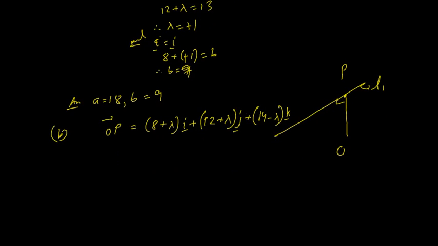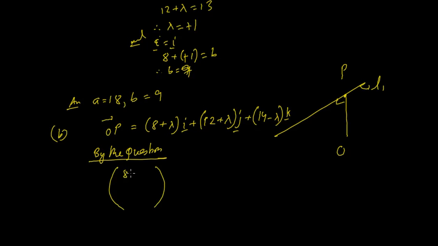The dot product, by the question, would be between OP and that direction vector of this line, i plus j minus k. So it's a good idea to write it as a column vector now because it's easier to see.